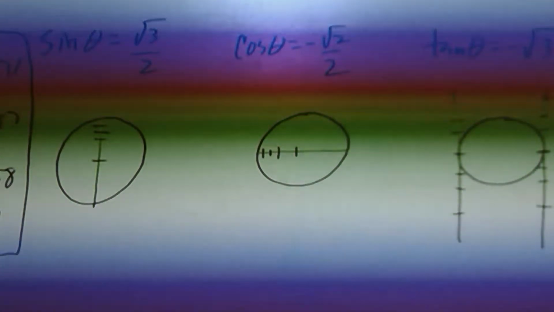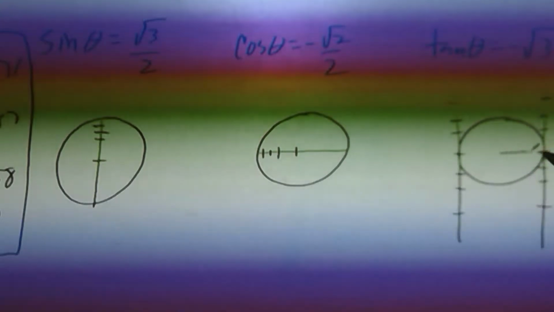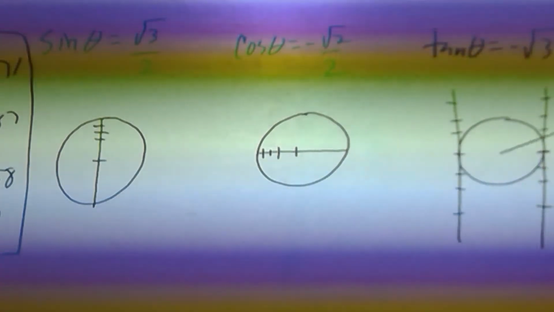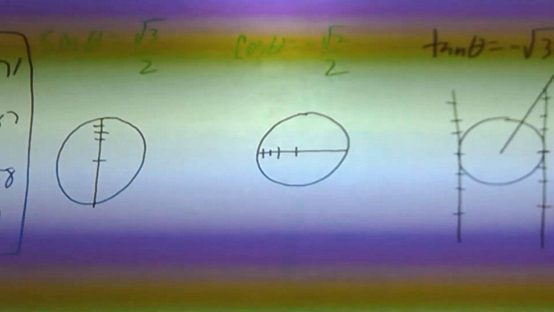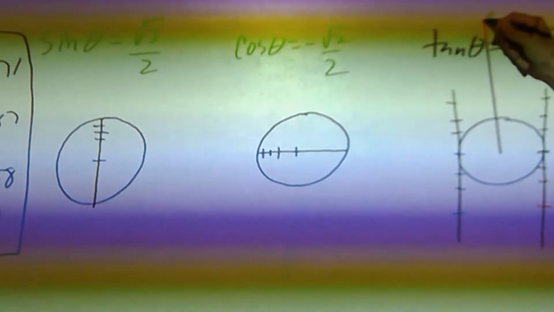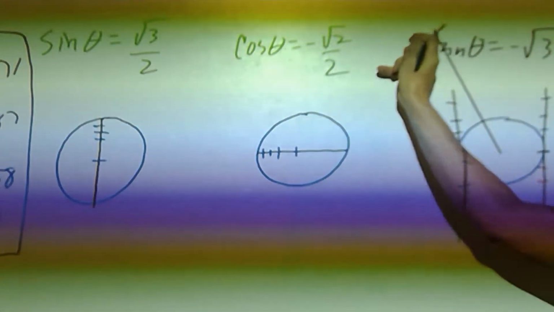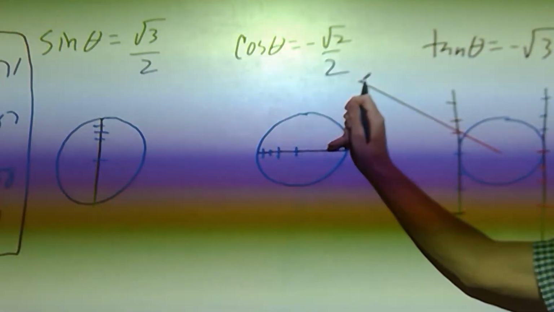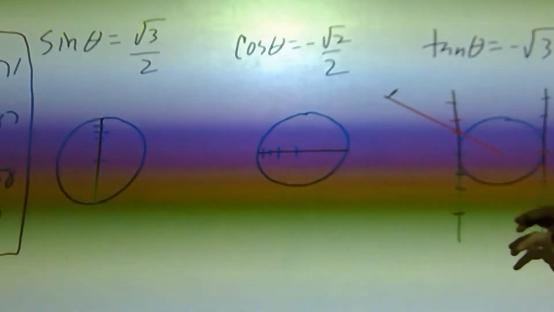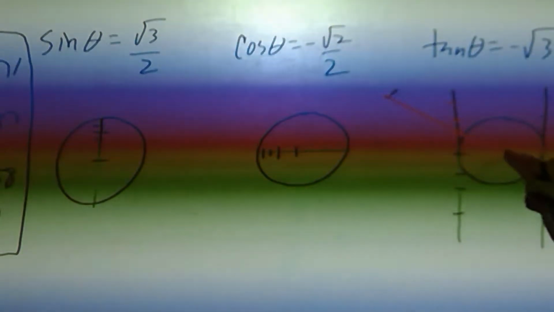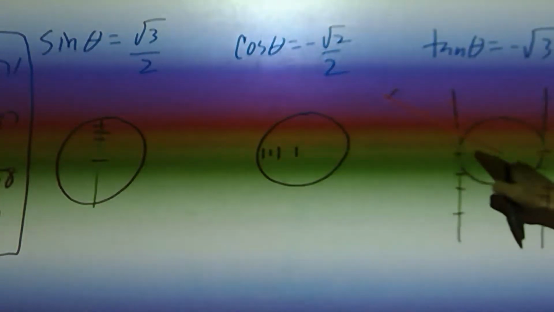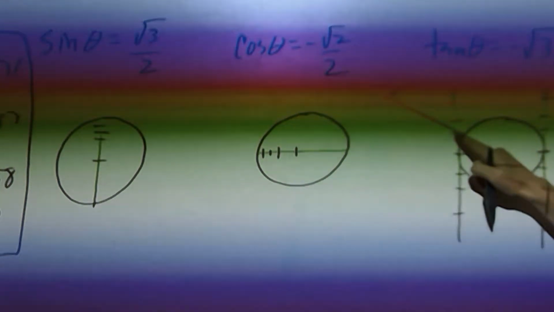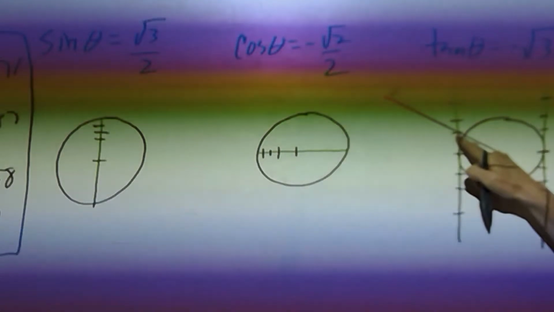If someone ever asks you to visualize the tangent of 5 pi over 6, tell me when to stop when my terminal ray has rotated through an angle of 5 pi over 6. Stop. For any point on the terminal ray for angle 5 pi over 6, the tangent of the angle is the y-coordinate of the point divided by the x-coordinate of the point.